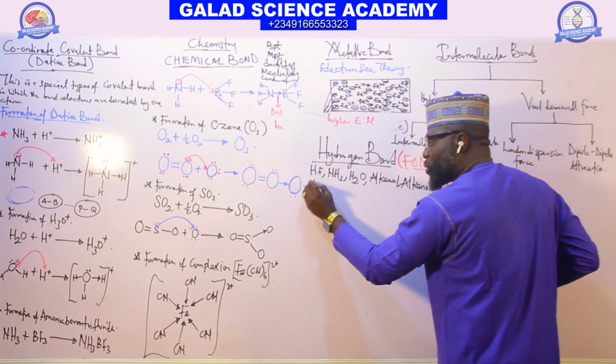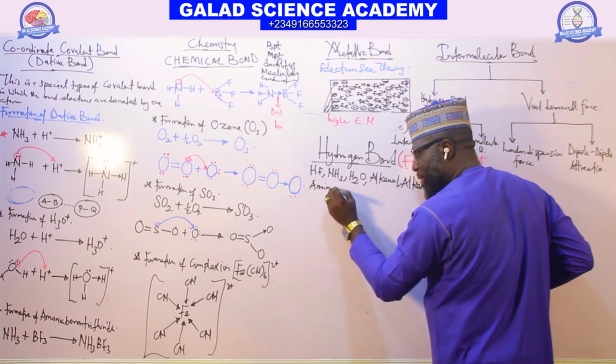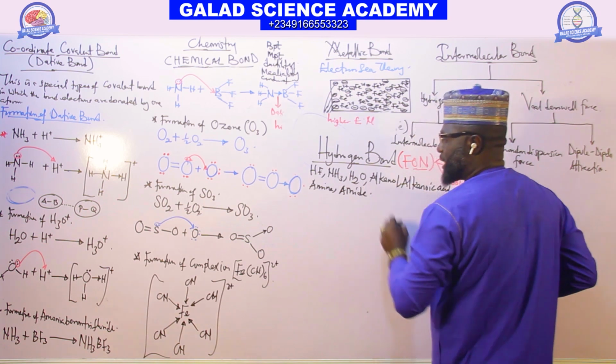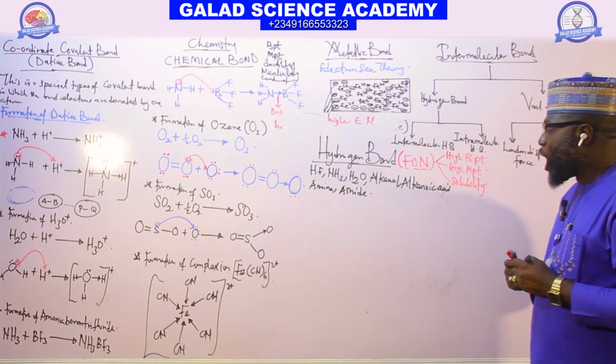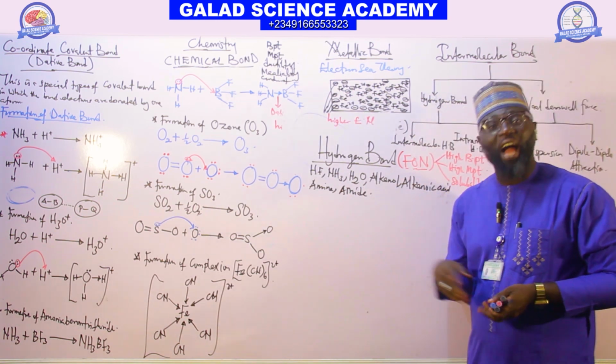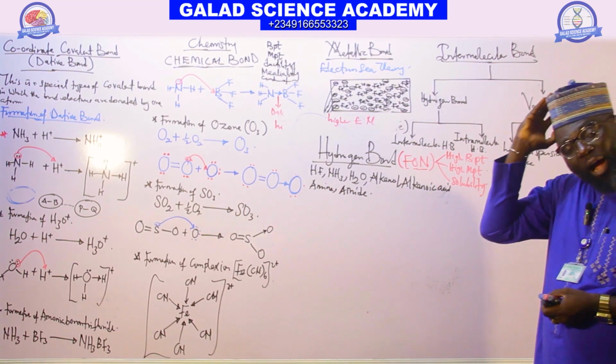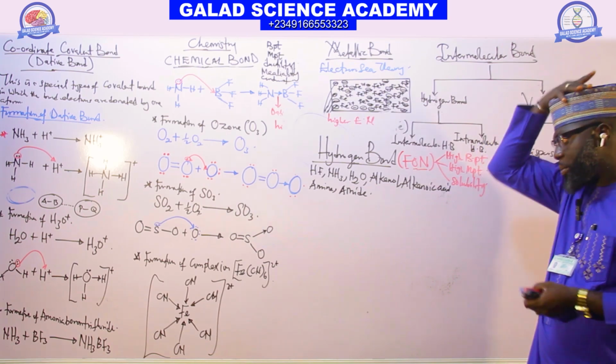You can also have it in amine. You can also have it in amide. So all compounds that have hydrogen bond must be soluble in water, and must have abnormal boiling point.